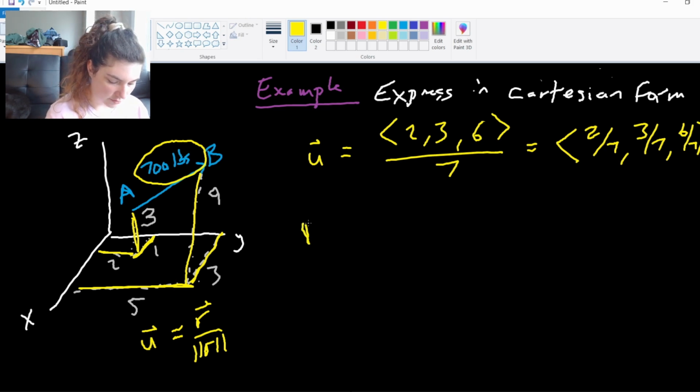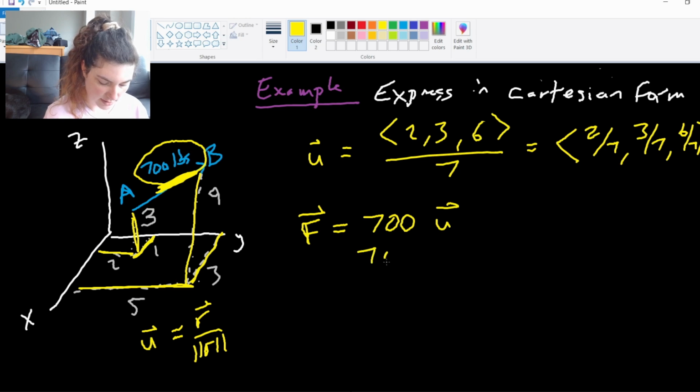In order to get the force vector, we will multiply by the magnitude of the force here. That's our 700 pounds times the unit vector. So that's 700 times 2/7, 3/7, and 6/7.